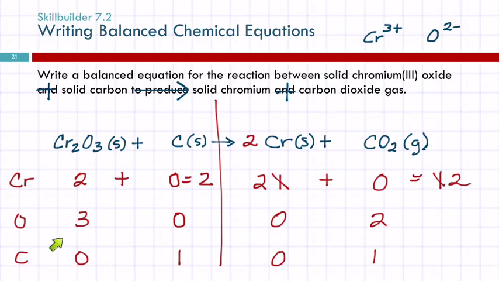Are the oxygens balanced? 3 plus 0 and 0 plus 2? No. So on the left side I have 3. On the right side I have 2. Well, I need more oxygens on the right side.